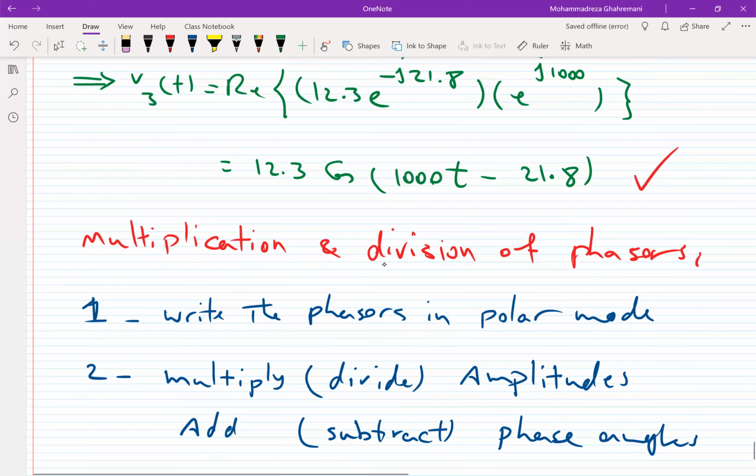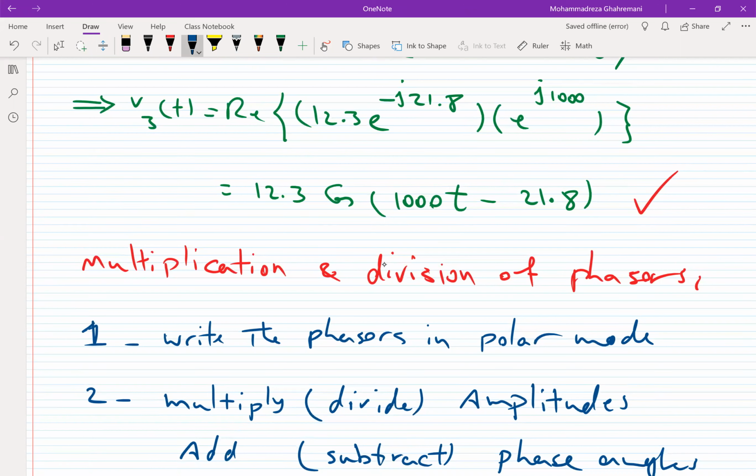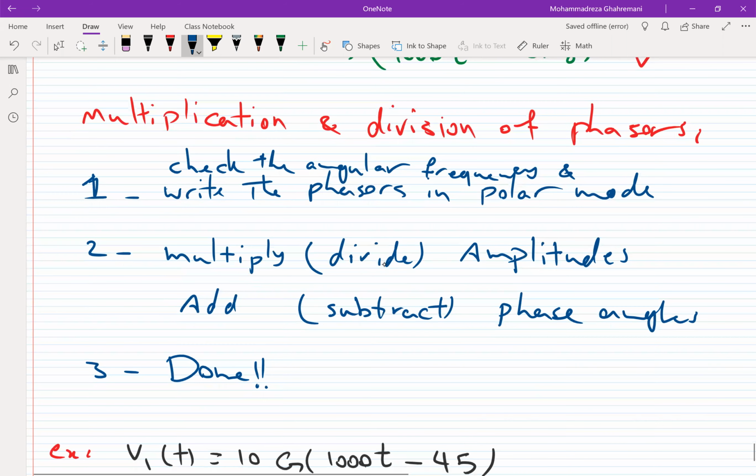So for step one, we check the angular frequencies and then write the phasors in polar mode.